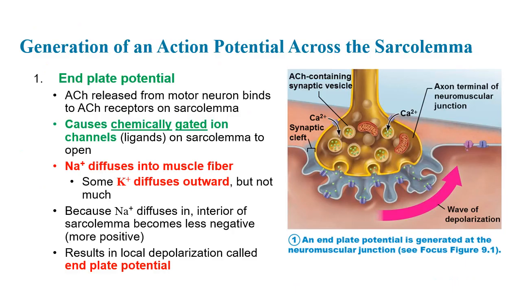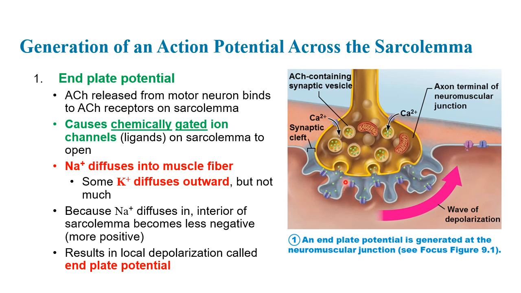All right, cool. Okay, so what happens once you dump acetylcholine in this space that is called the synapse, right? Acetylcholine is your neurotransmitter at the neuromuscular junction. It is going to find a receptor on the membrane of this muscle fiber right there, okay? So this receptor here is called a ligand-gated channel.